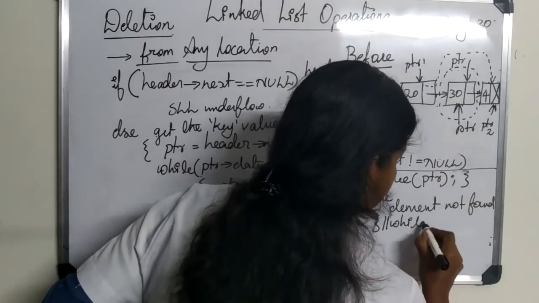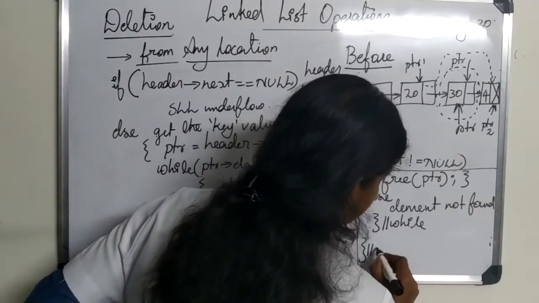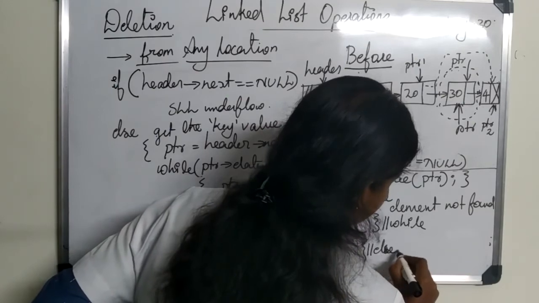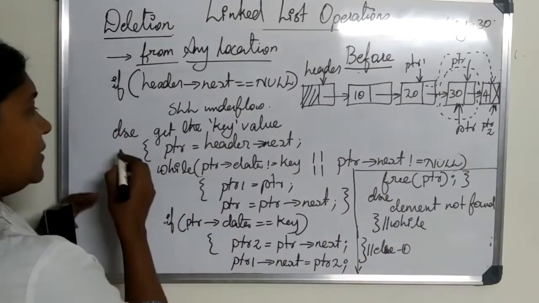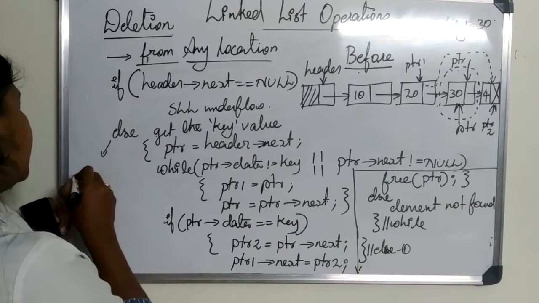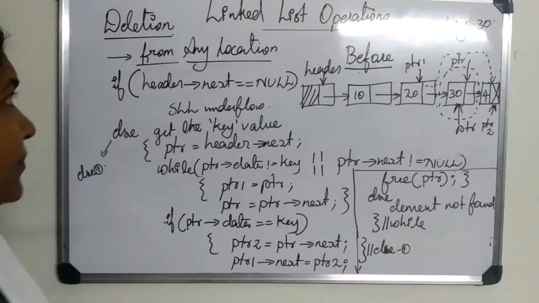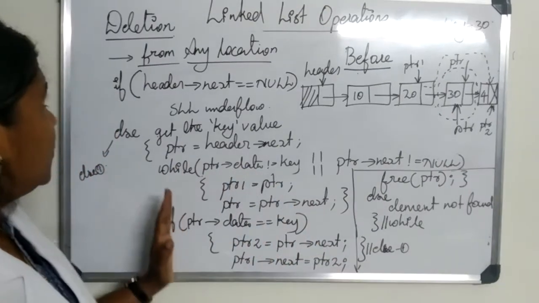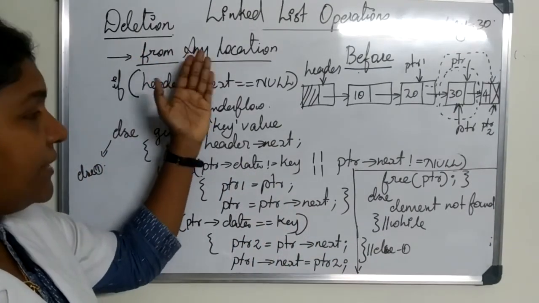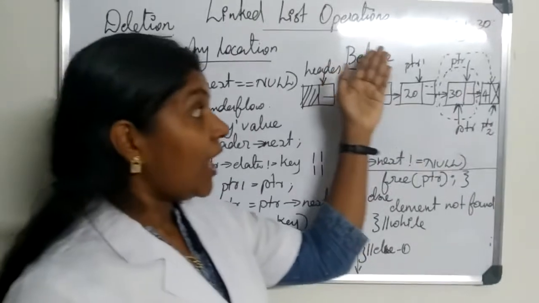Then next you close the first else part, else 1. So this is the pseudocode for delete from any location.